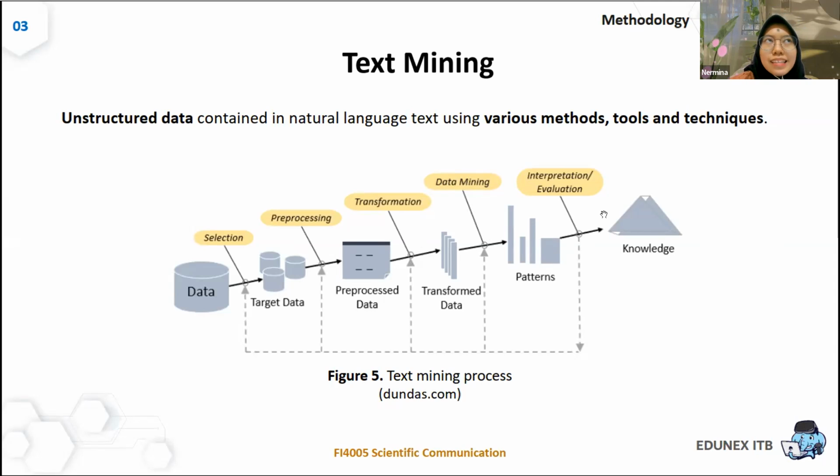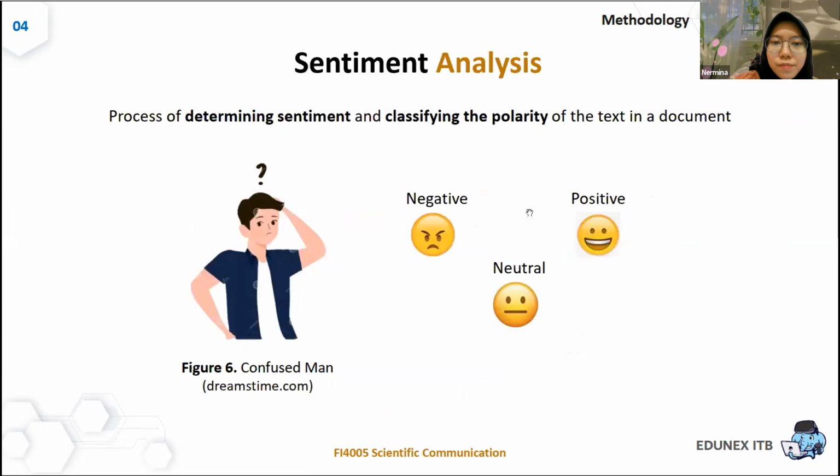And in the end, we can get useful information from the text mining process. Next, after we talk about text mining, now what is sentiment analysis? Sentiment analysis is the process of determining sentiment and classifying the polarity of text in a document or sentence.